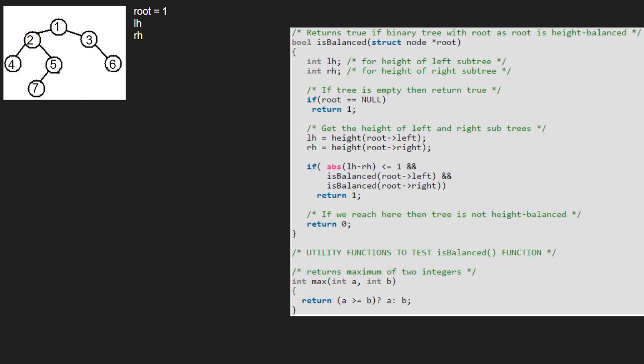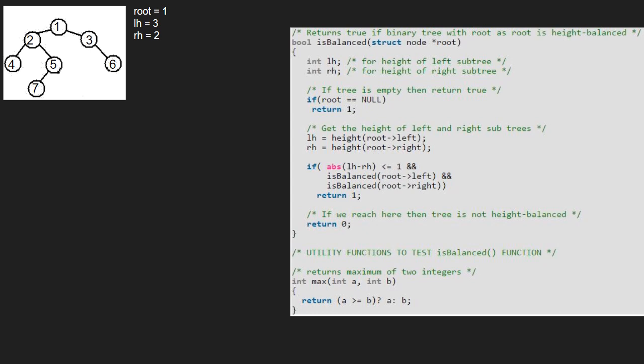Since root is not null, we get the height of the left and right subtree of root. We assume that the height function is already created. So LH will be equal to 3 as the height of the left subtree is 3, and RH will be 2 as the height of the right subtree is 2.